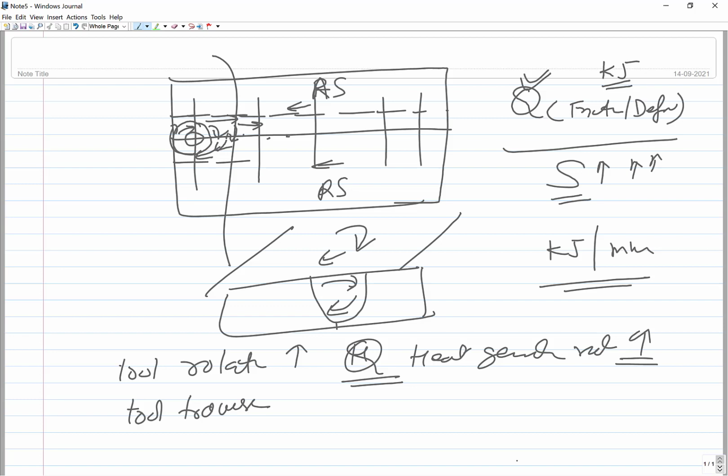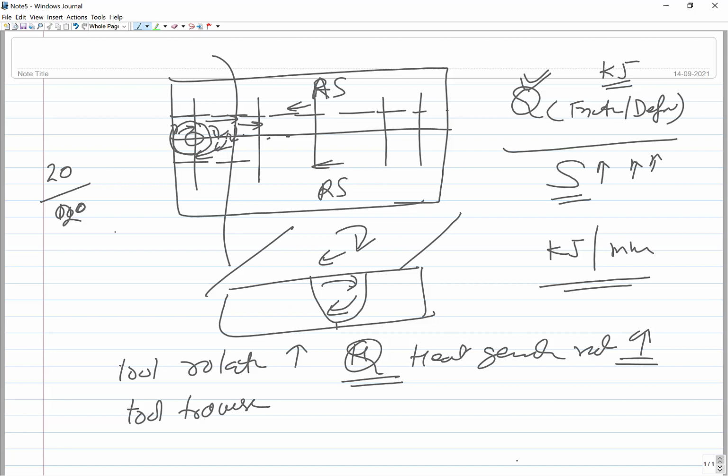Let's say, just as an example, you are giving the heat at say 20 kilojoule. Okay, that's the rate of heat generation, and you are moving the weld joint at a speed of, say, 20 mm per second.